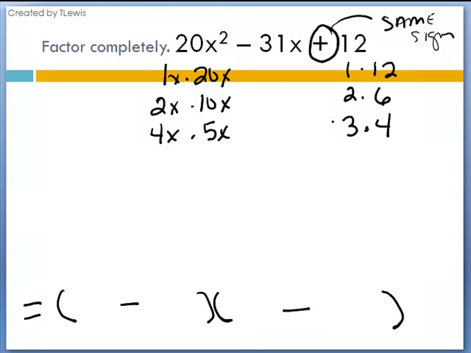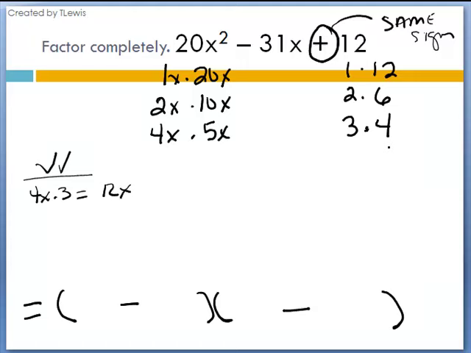Okay, so we're going to check it. Let's do a mini check to see if we can get the 31x. That's our middle term. Now remember, our signs are the same. So once we apply the first with the first, last with the last rule, we're going to add those terms. That means the signs are the same. So first with the first, 4x times 3, we have here 12x.